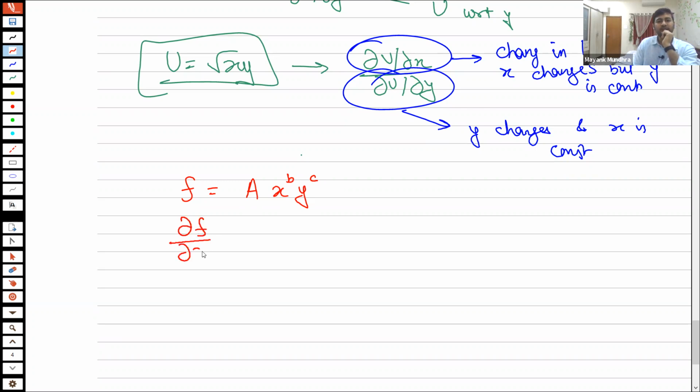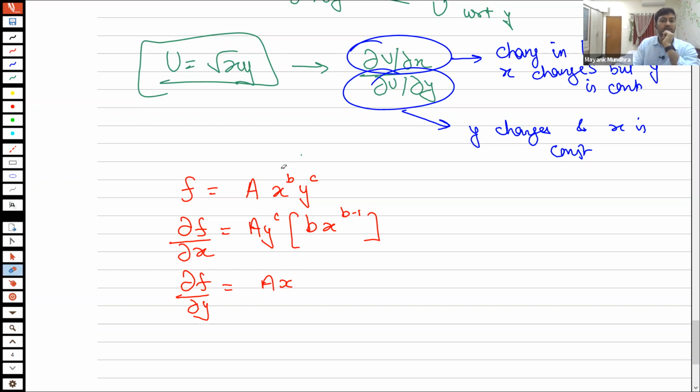So del f by del x will be equal to, when you're differentiating with respect to x, you keep these things as constants. So the constants remain as they are. So you write a y to power c, and the differentiation of x to power b would be b x to power b minus 1. So that is the formula. And del f by del y would be a x to power b.